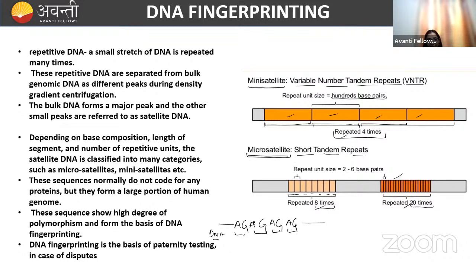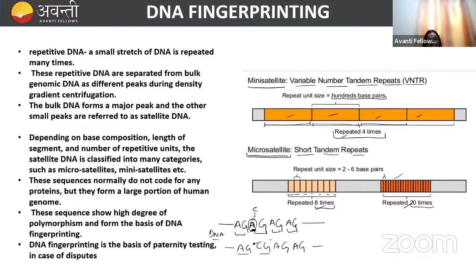This sequence is repeating. If this A gets replaced with C, for example, if the change has occurred at A base pair and it is replaced by C, now the sequence has become AG, GC, AG, AG, right?